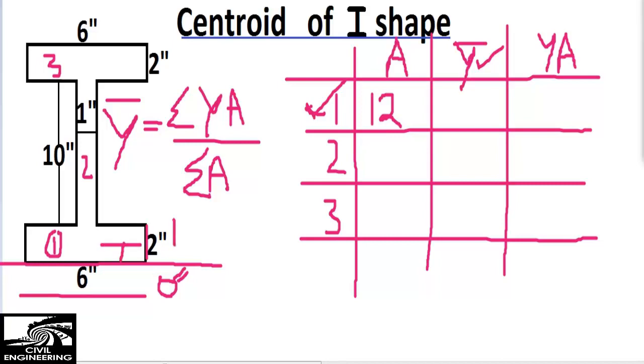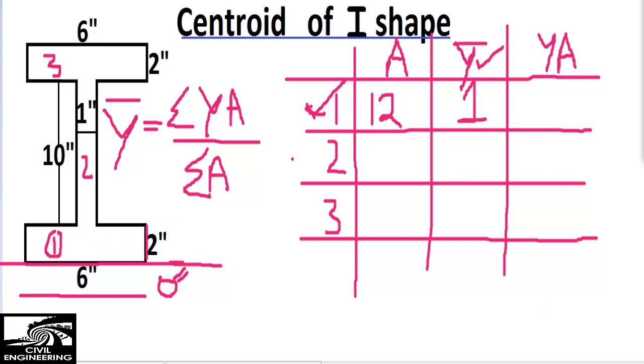The centroid of this object will be 1 inch, because 2 inches is the whole thickness, so 2 divided by 2, half, equals 1 inch. So the centroid of this rectangle is equal to 1 inch. I'm writing it here, centroid.